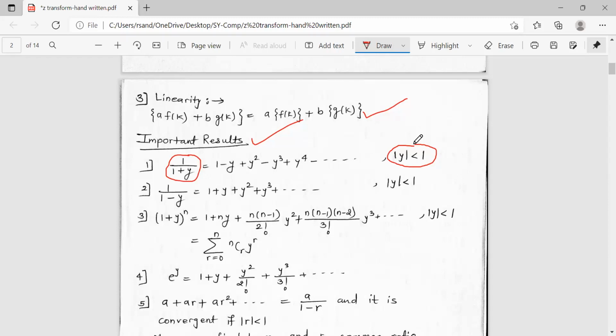Yes, no idea when the series is said to be convergent? Gradually reducing. It is reducing. Okay, reducing to what?